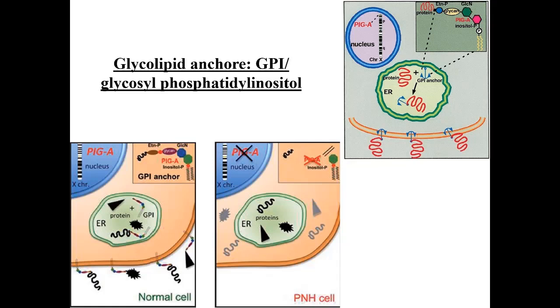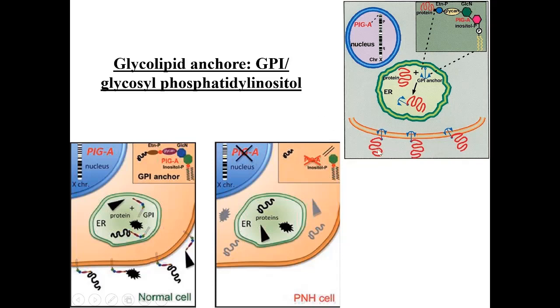For expression on the surface of the cells, these molecules need GPI. CD55 and CD59 are anchored by GPI in the bilayer membrane and expressed on the surface of the cells.